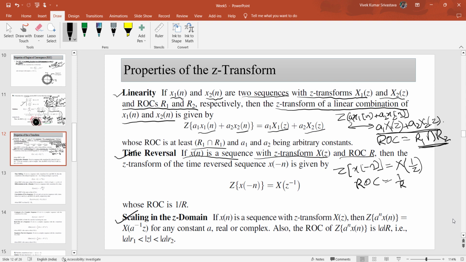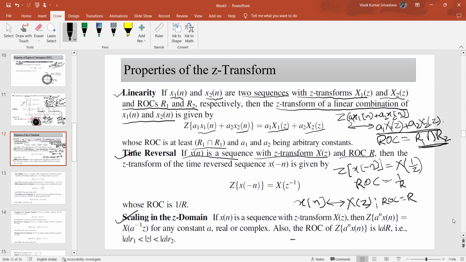The third property is scaling in the z domain. Suppose a sequence x of n is given to you having z transform X of z and ROC R. We have to evaluate the z transform of the scaled signal, a raised to the power n into x of n.